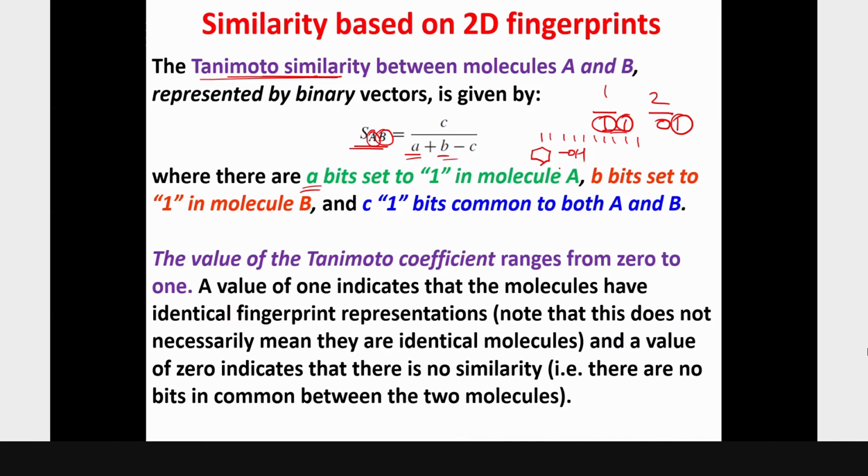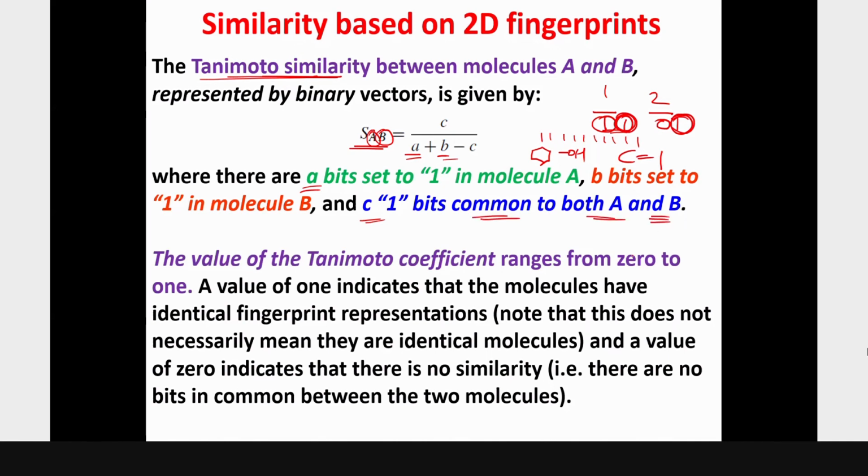Sorry, there is one bit where this is present in molecule B. And C is the one where both things are present. So C is for the hydroxyl group. So now my count of C will be equal to 1, because the hydroxyl group is common in both A and B.